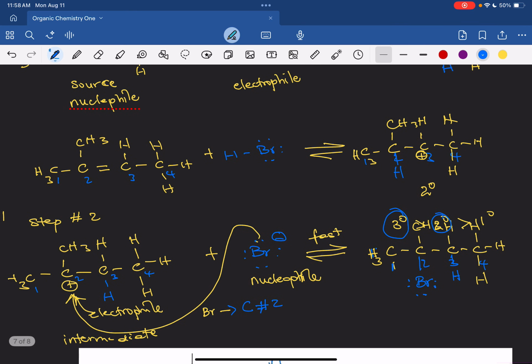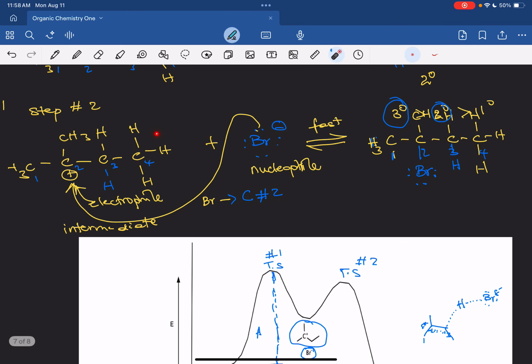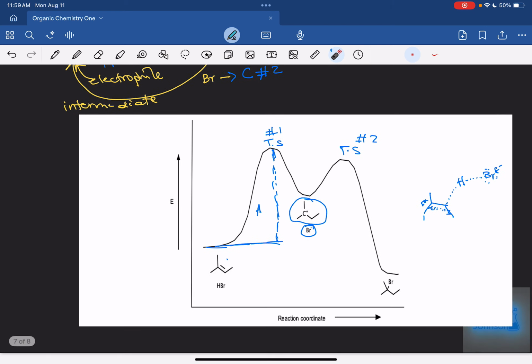Let's go back to step two. Here's my carbocation. Here's my Br. They're my new reactants. Remember, activation energy is between the transition state and your reactants. This is step two. So your activation energy for step two is between the starting materials for step two, which are these two, and your transition state, right?